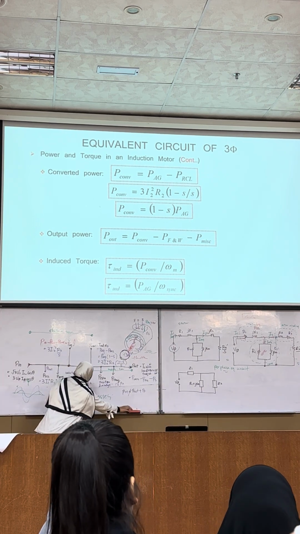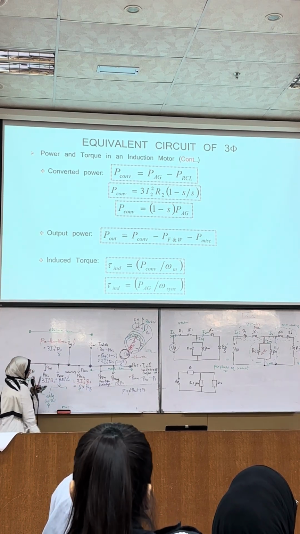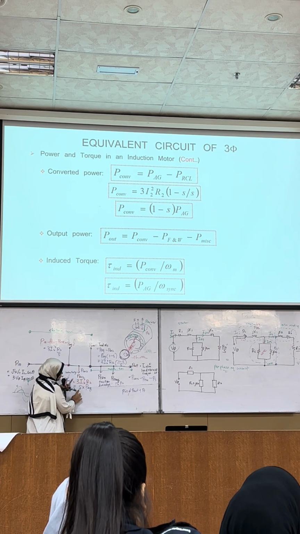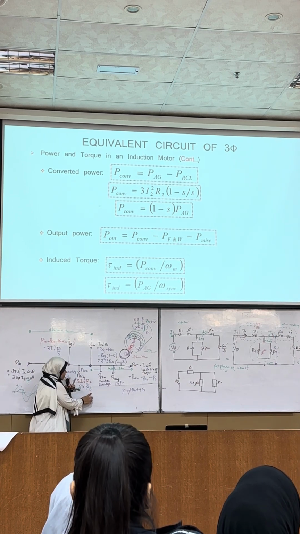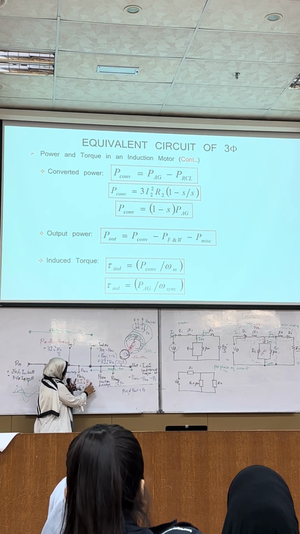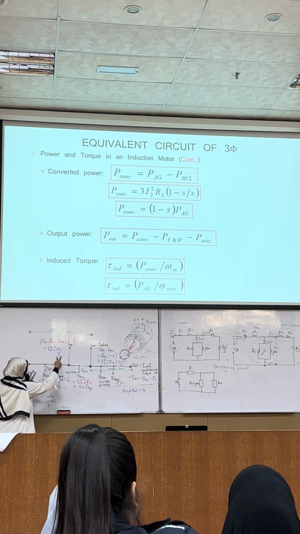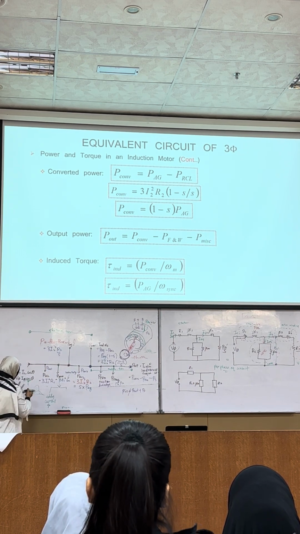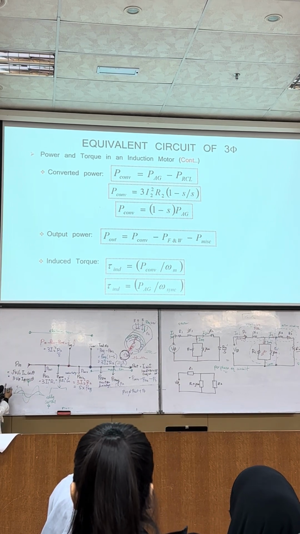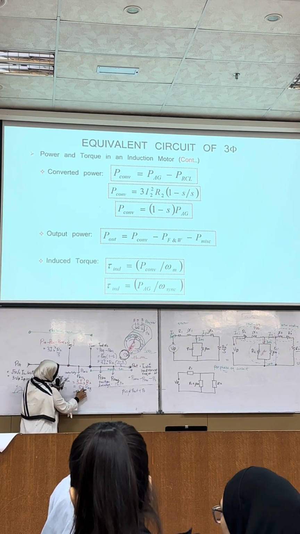Contoh, how come rotor copper losses is S times PAG? Okay, how come from 3I square R2 dia dapat S times PAG?